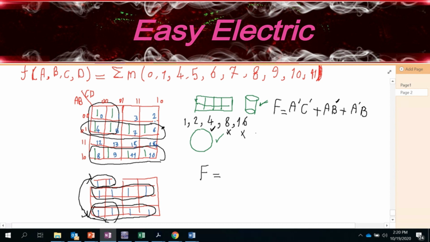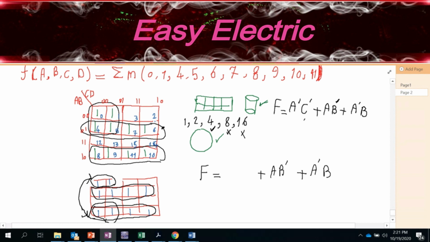So I'm writing the same things for the second option that we have, okay? There is no change for the last 2 terms, because we have the same group as the one above. So here you have this one, which is the same. That means AB prime is right, and A prime is the same, because we have the same group here. But what changes is the second one: here we change the group from 0, 1, 4, 5 to 0, 1, 8, 9.